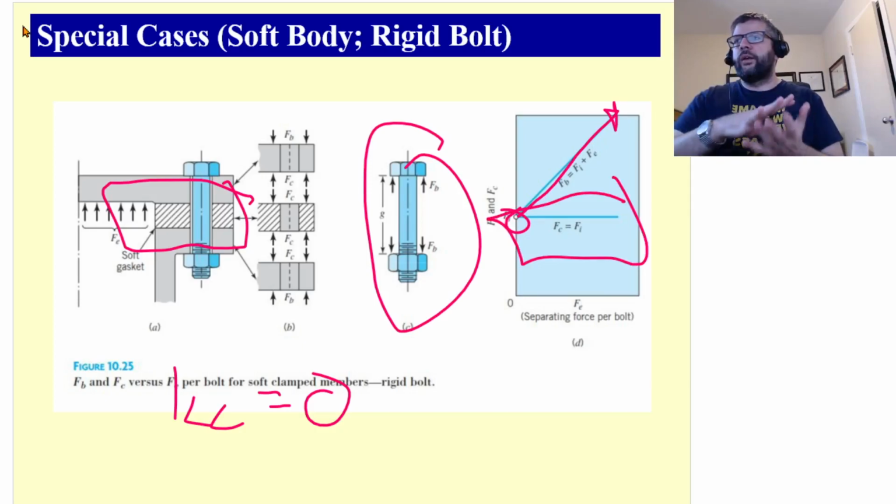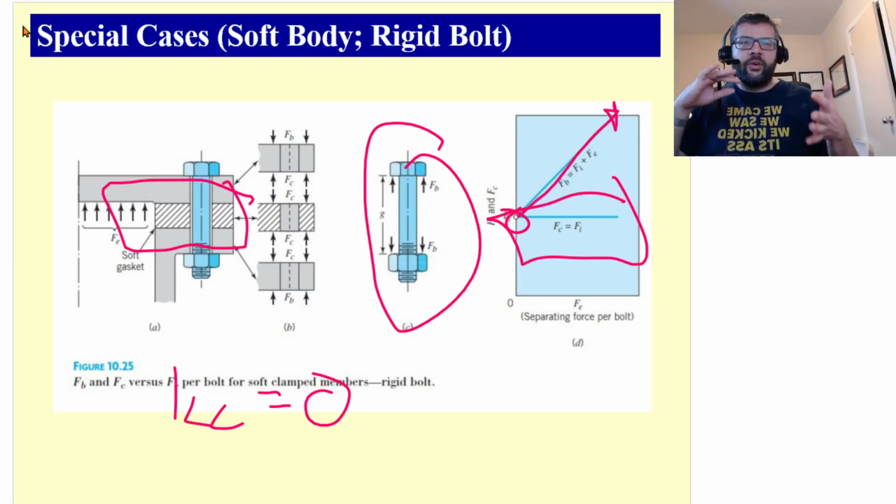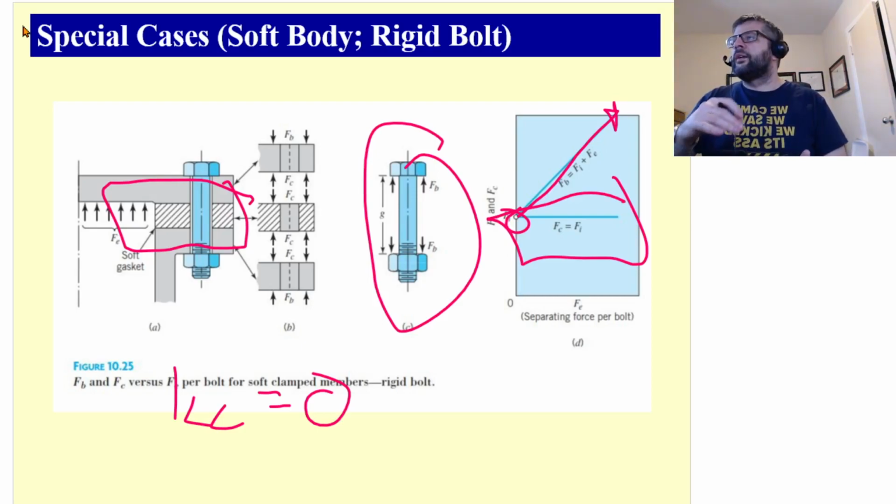So the clamping force stays the same, and that gasket is just as capable of retaining the gas inside the pressure vessel as it was before it was loaded up.